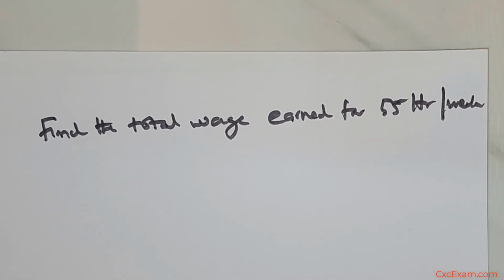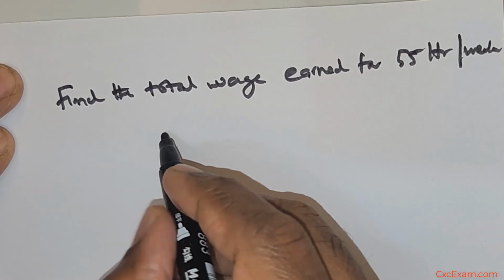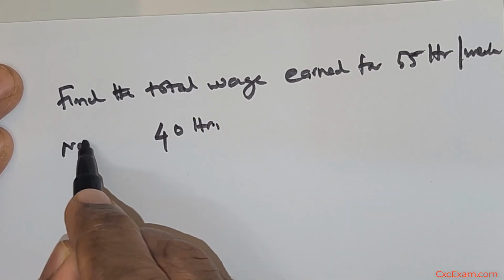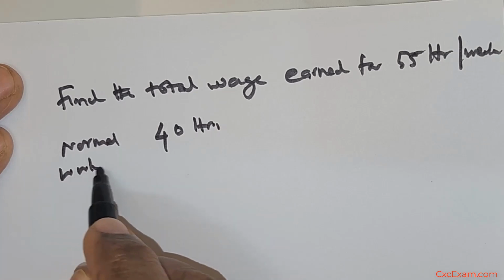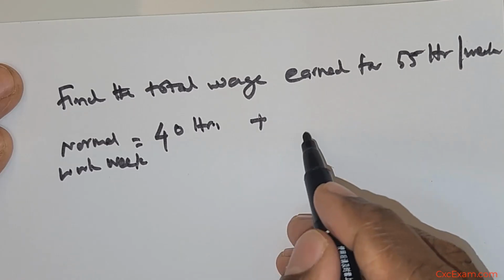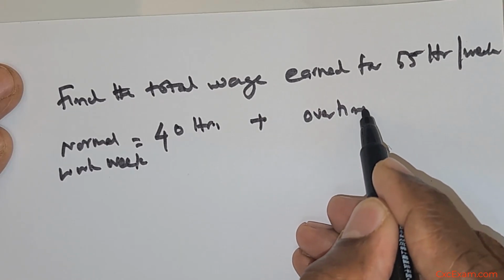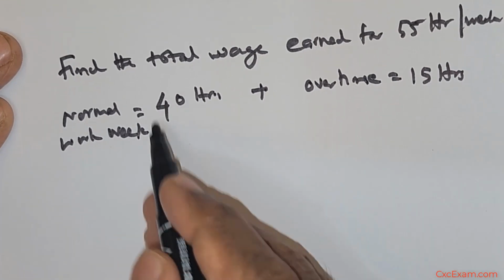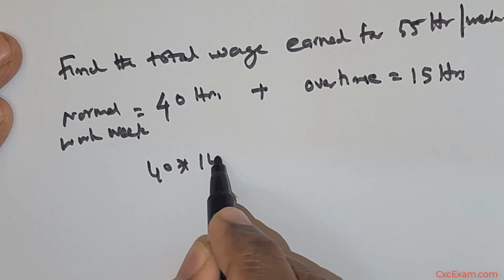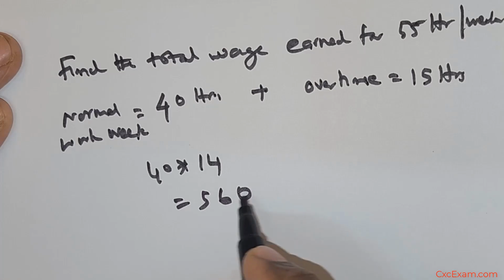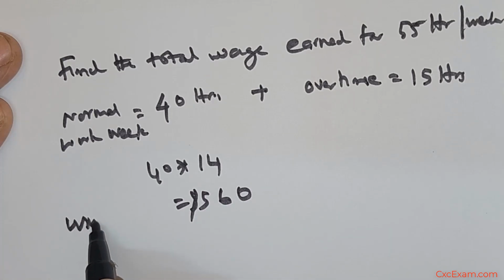Now the driver is expected to work only for 40 hours. So 40 hours, this is the normal work week. But there are 15 hours extra. So overtime is 15 hours. The normal pay is $14 an hour for 40 hours. So how much is he paid? 4 times 14 is 56, so $560. This is the usual pay.